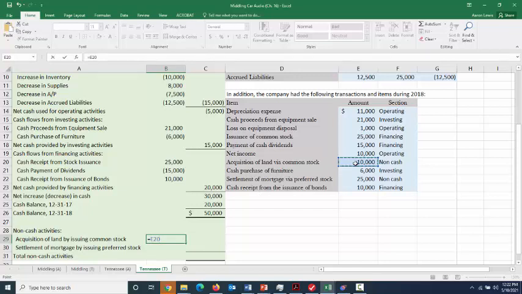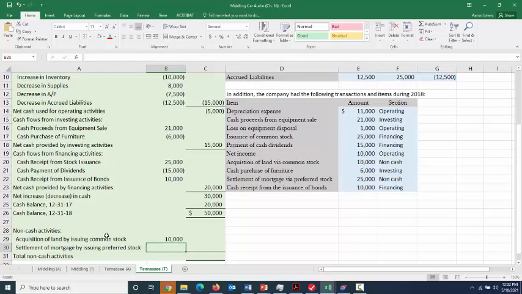But that is still a pretty significant activity, acquiring a $10,000 piece of land. And a keen-eyed investor might see that spike in land on their balance sheet, realize that land as a non-current asset should go in the investing section, not see it here and say, hey, what's going on? So we should easily let them know that we acquired that land by issuing common stock and put it on our books for $10,000.